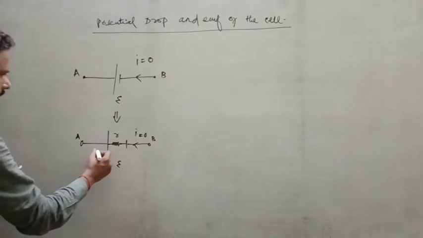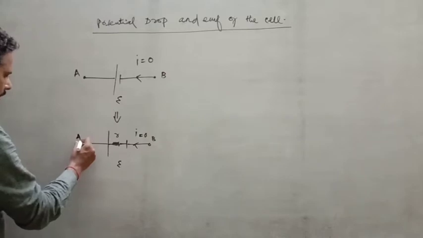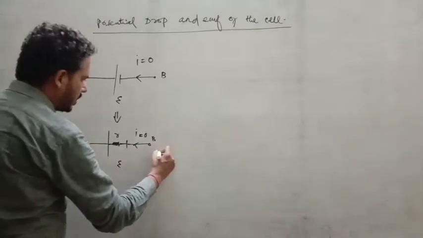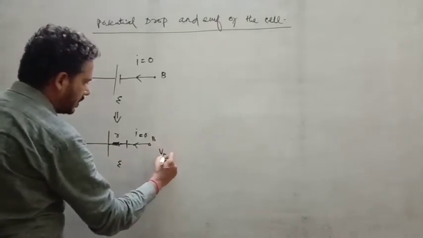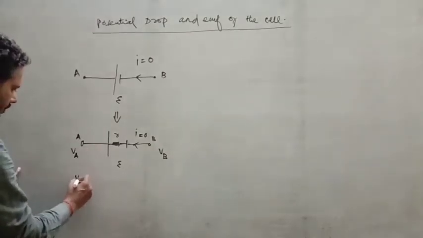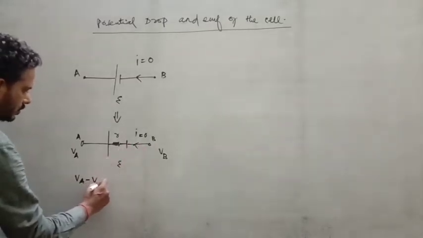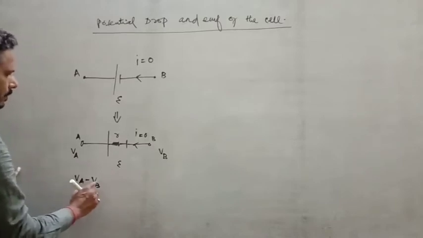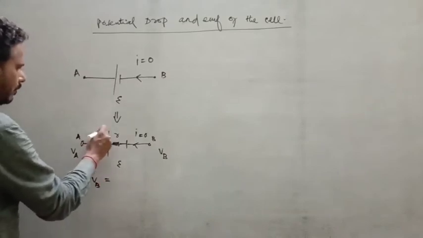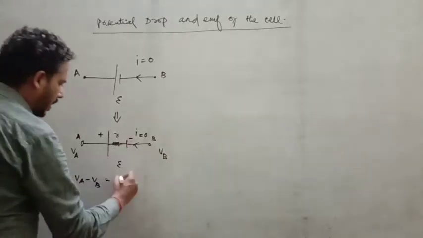Let the potential at this terminal be VA, and at this terminal be VB. VA minus VB is called the potential difference, that is the potential drop in this EMF. Going from higher to lower potential, E would be positive, and then Ir.